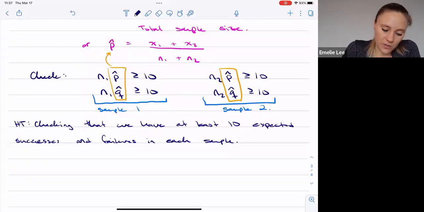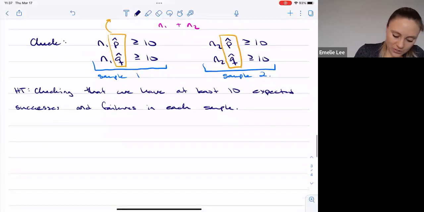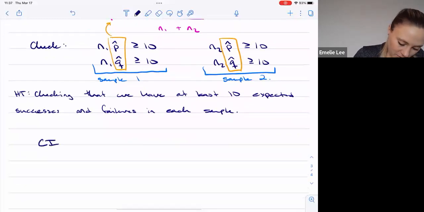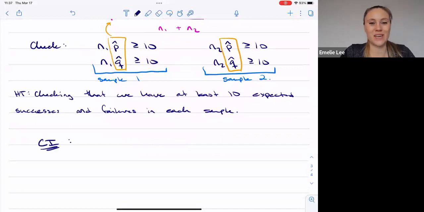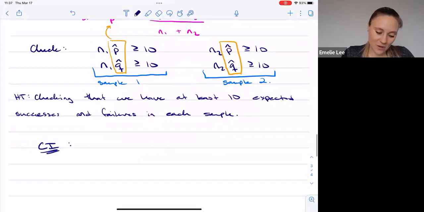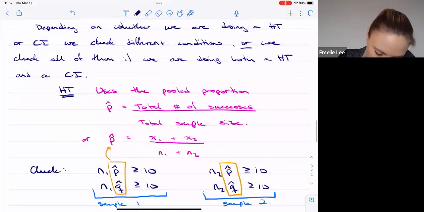All right. So if you're doing a confidence interval, you get to just use your sample data.